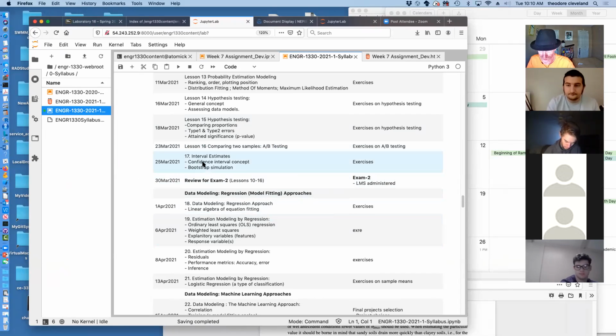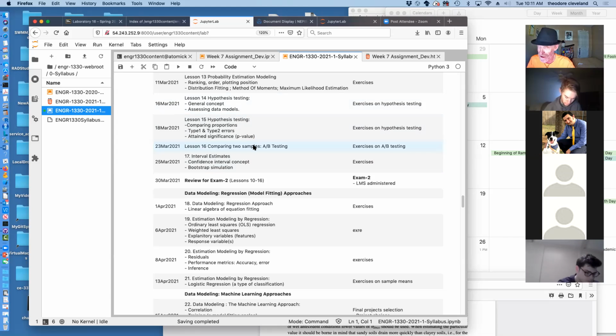So we're going to look at the confidence interval concept and bootstrap today, even though it's labeled as Thursday's lesson. A/B testing is a natural extension of the hypothesis testing we've been doing the last 2 lessons, and you'll get a nice example of that again today in the laboratory. So is that as clear as mud?